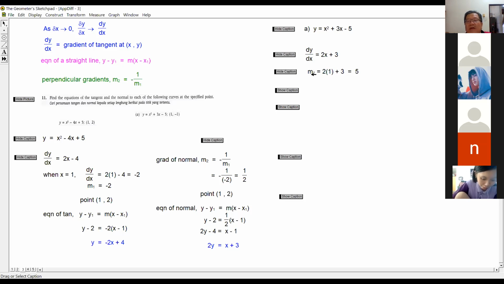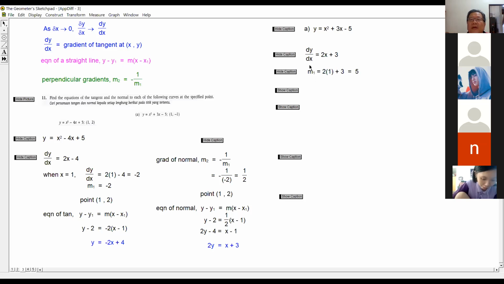Again, this time the value I call it m1 to denote the tangent, to make it different from the normal. Otherwise you get confused, right? This one also m, that one also m, and you get confused. So tangent, I call it m1. Normal, I call it m2.